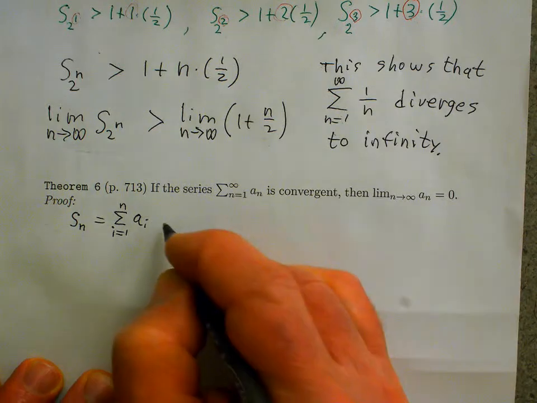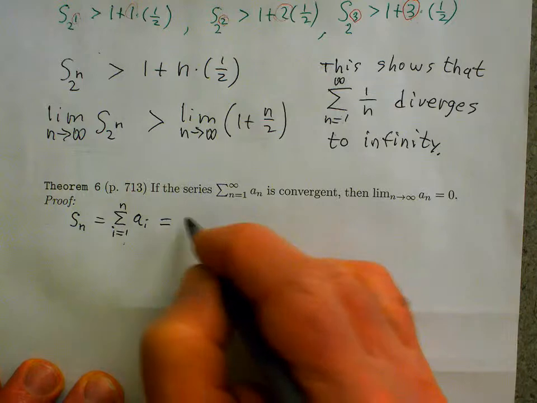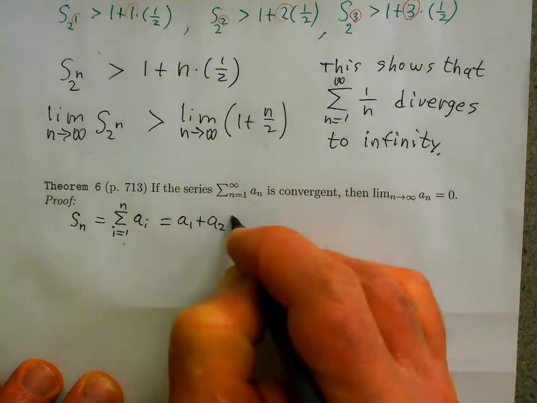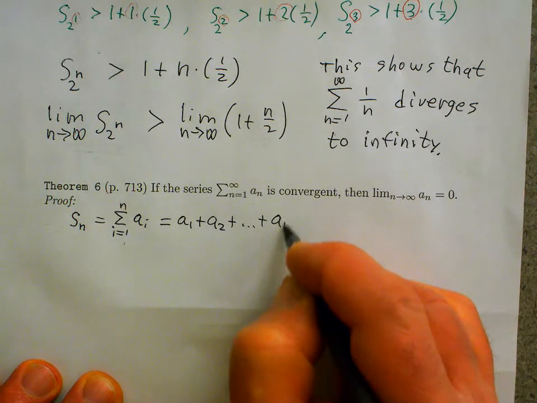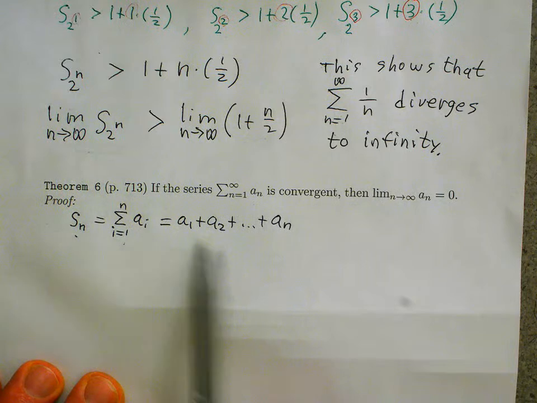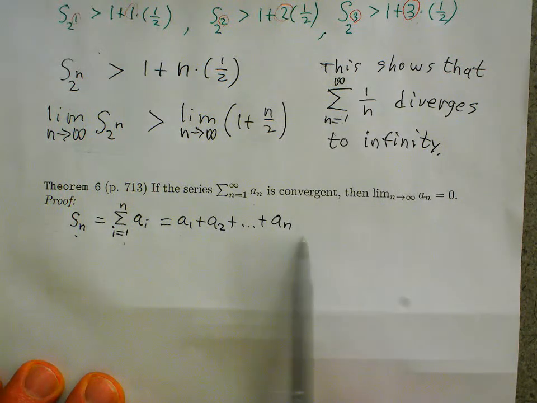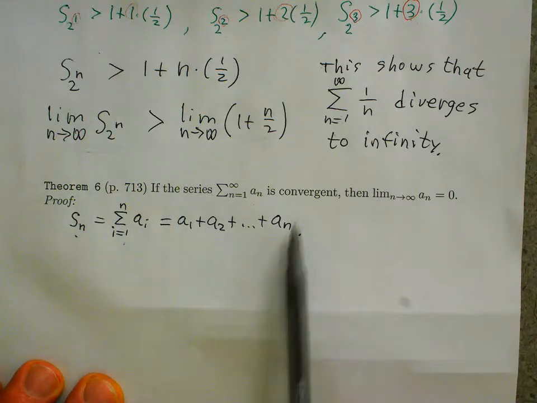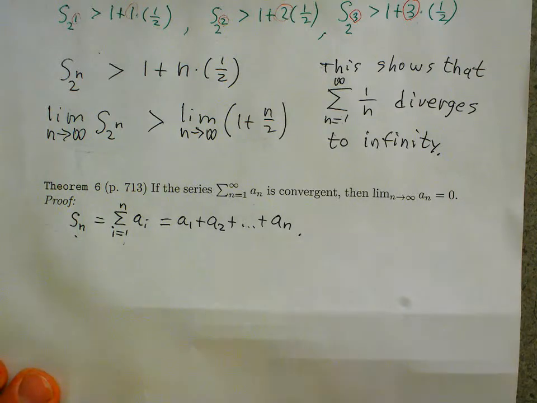If I write out the first two terms, we would write a sub 1 plus a sub 2 plus dot, dot, dot, and then plus a sub n. So S sub n is the sum of the first n terms of the series. And so if the series converges, then so does the sequence of partial sums. We talked about that last time.